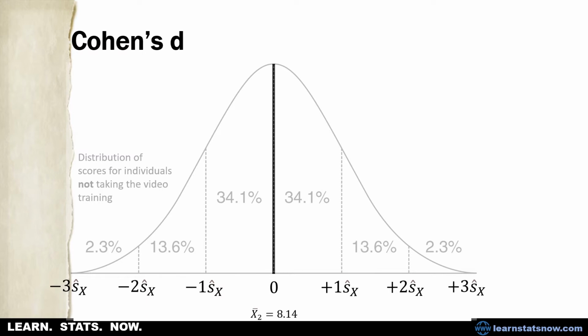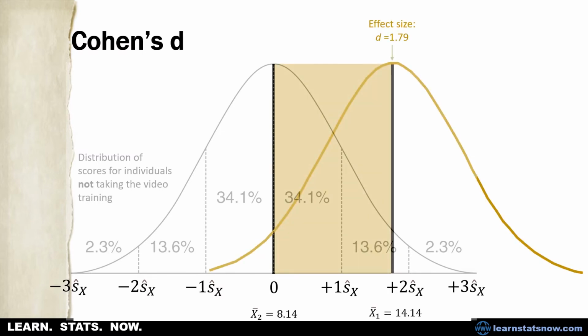Then we're going to overlay on top of that the distribution for folks who did take the video training. So we're going to locate where Cohen's d shows up in the first distribution, and that's going to be the center point of our second distribution.